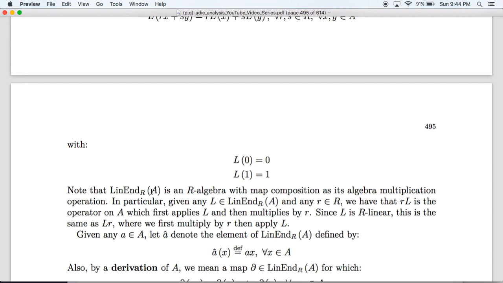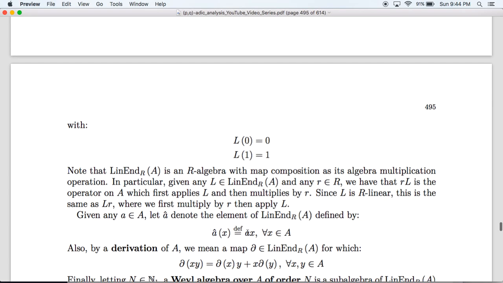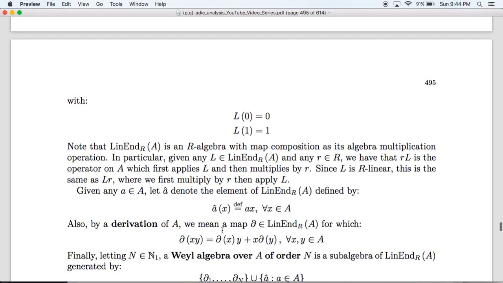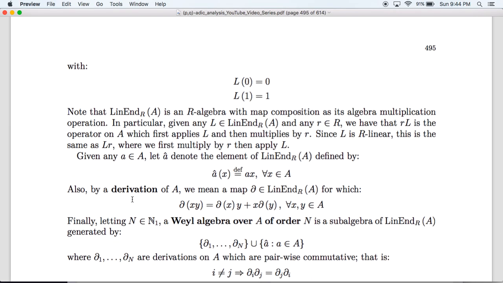In particular, given any L and any r, rL is then the operator on A which first applies L and multiplies by r. And since L is R-linear, this is of course the same as Lr. Next, given any a in A, let a hat denote the operator which multiplies things by a. And also by a derivation of A, we mean a map in End_R(A) which satisfies the Leibniz rule.